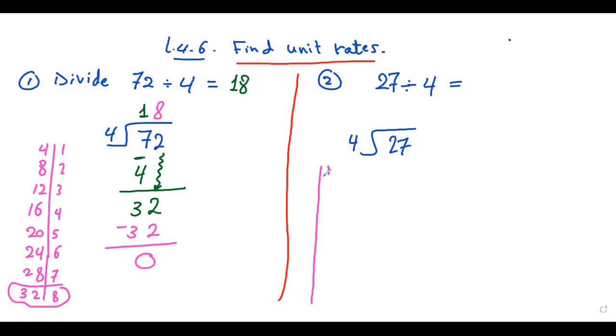The first, teacher: 1 multiplied by 4 equals 4, 2 multiplied by 4 equals 8, 3 multiplied by 4 equals 12. That's right. So we don't want this one, we're going to use this one.